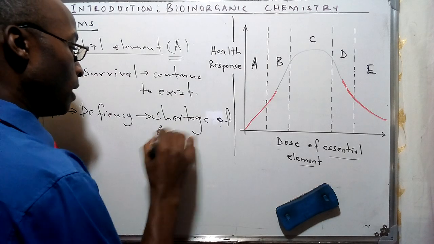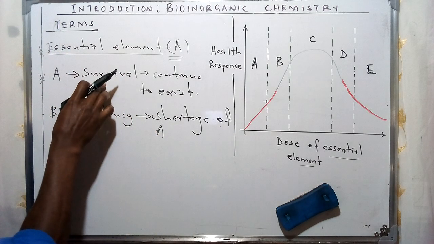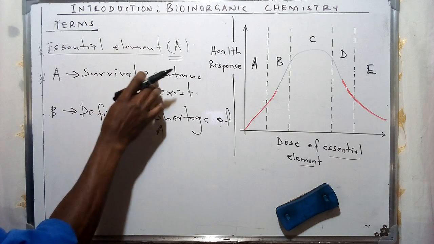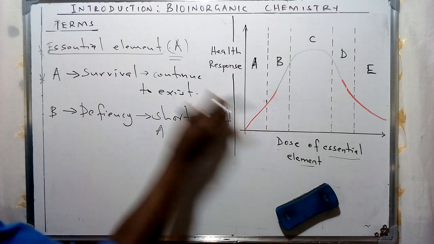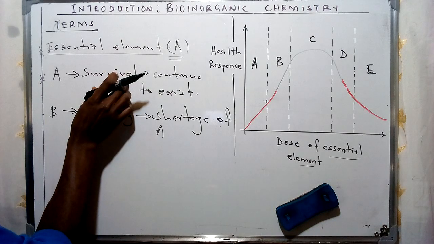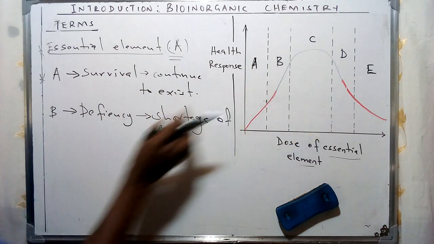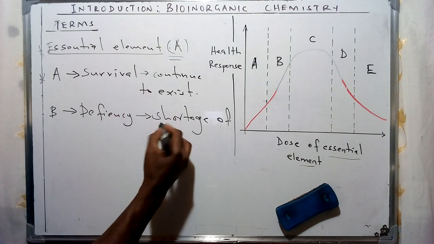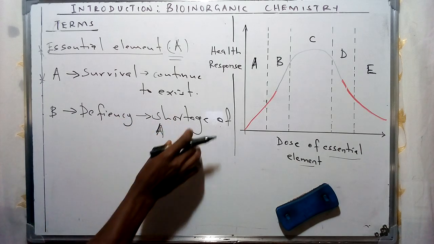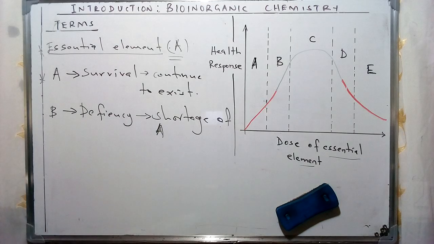So in the first state, despite the low concentration of this dosage of the element, the organism is surviving. But in state B, the organism is going to be experiencing a deficiency, which is the availability of this element, but in a shortage or short supply.